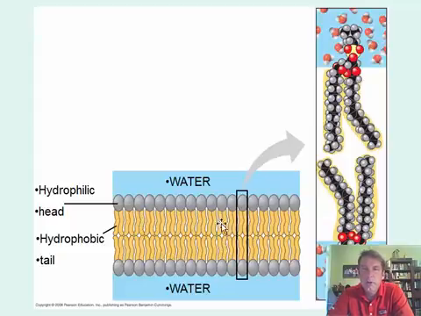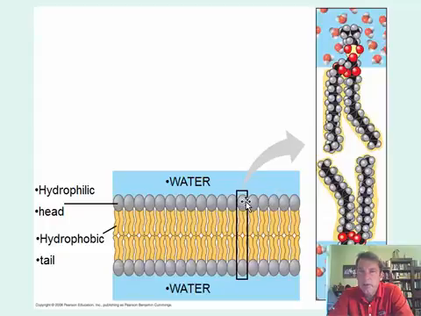The phospholipids, as we discussed when we looked at those molecules, have two parts. The tails, it has two, are fatty acid chains, and then there's what's referred to as a head section, which is the phosphate group attached there.